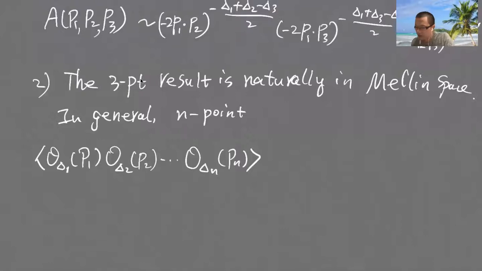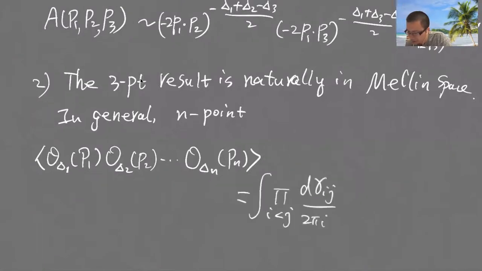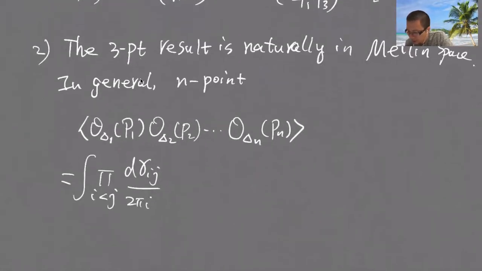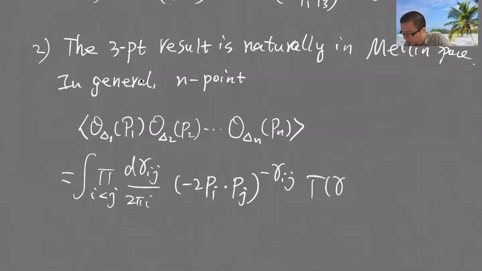They can always be written, it turns out, as an inverse Mellin transform, exactly the formula we have been writing, divided by 2 pi i, times the gamma function, minus 2 Pi dot Pj to the minus gamma ij, gamma ij, and times some function called M gamma ij.